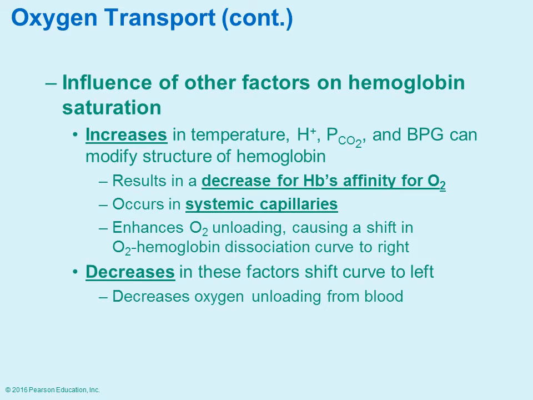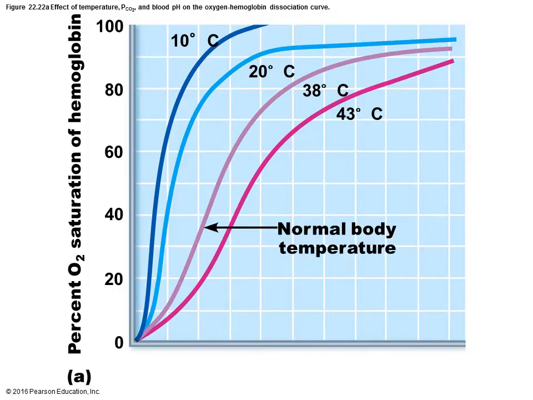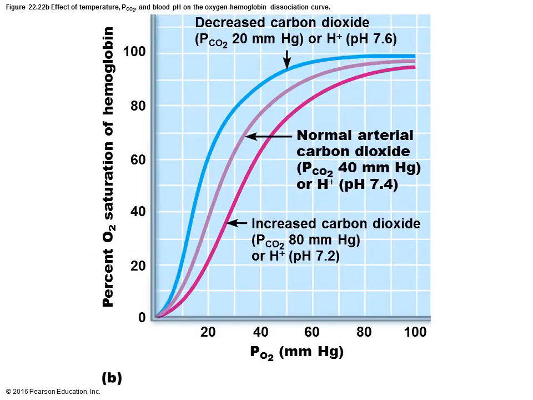Temperature increases can change a little bit the structure of the hemoglobin, and this essentially is going to increase the unloading of oxygen. As the temperature decreases, it's going to decrease the amount of oxygen that's unloaded, and so the oxygen remains in the blood. If you were to plot this out, the light purple line shows what the dissociation curve looks like at normal body temperature, and if you change the temperature, you see the change in the effects on the curve.